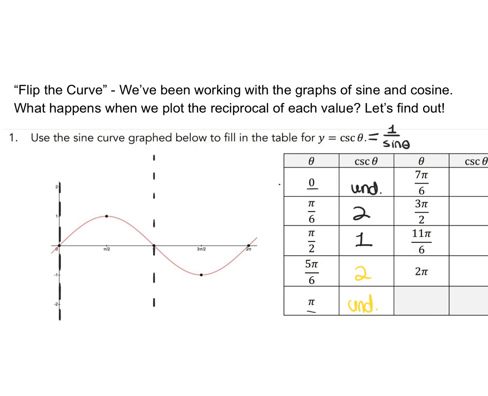And then we're going to have a value here at 2. We're also going to have a value here of 1, and another value here of 2. And this graph will look like this. Pretty much this is the whole idea of how you do these graphs.